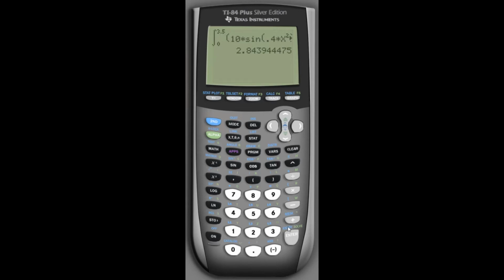And so 2.844 thousandths, that's the displacement of the particle during this time interval.